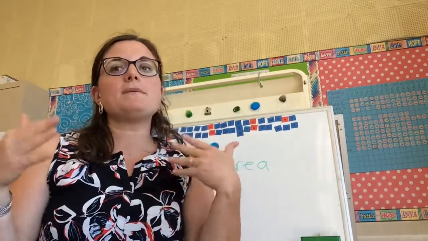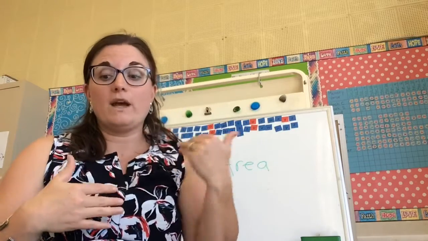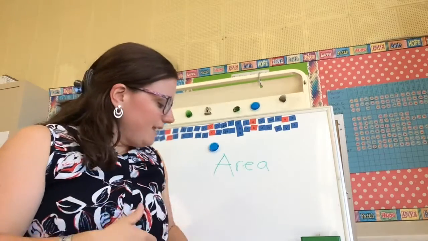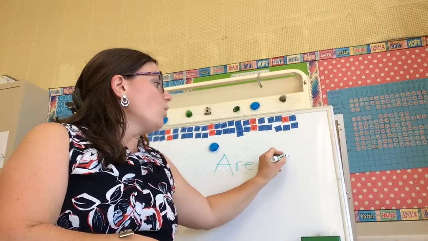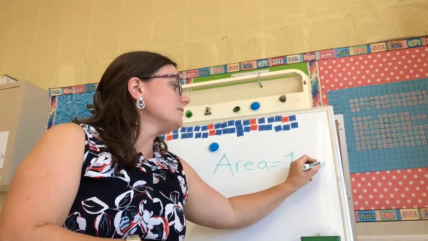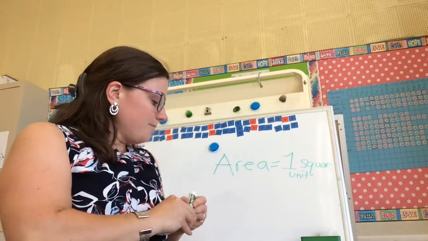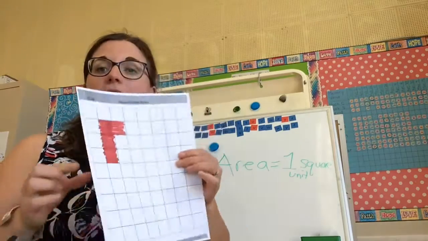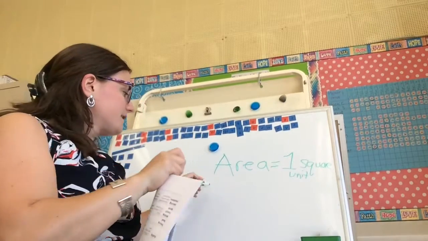And everything that we've been measuring, we need to be able to use something that everyone else will know. Okay? So area is going to equal 1 square unit. Okay, so we just made shapes that are 4 square units.